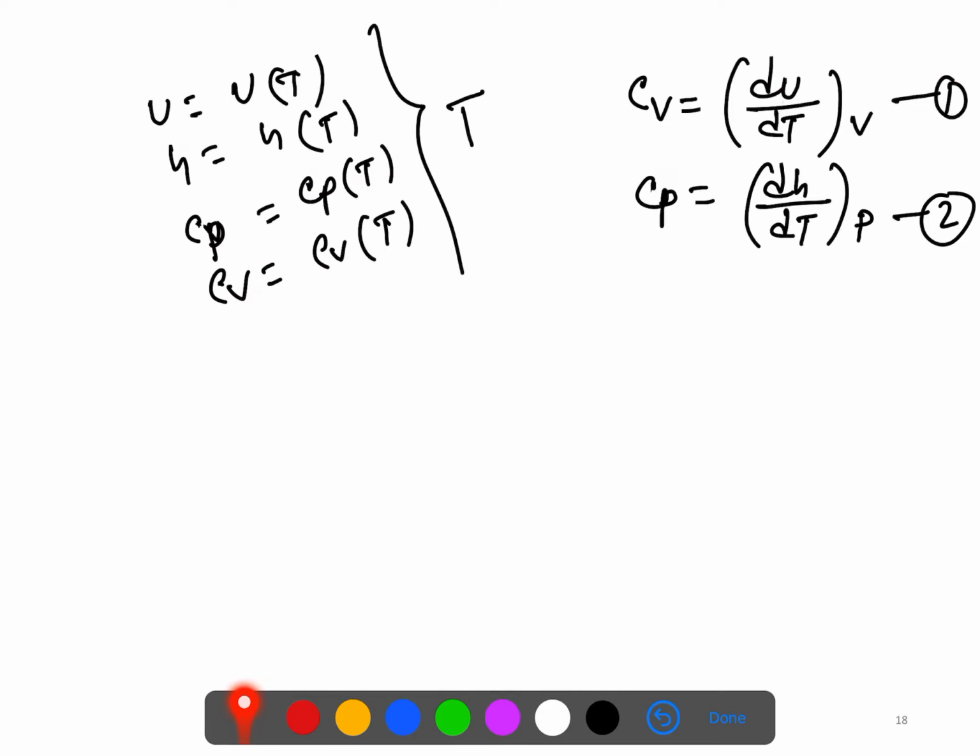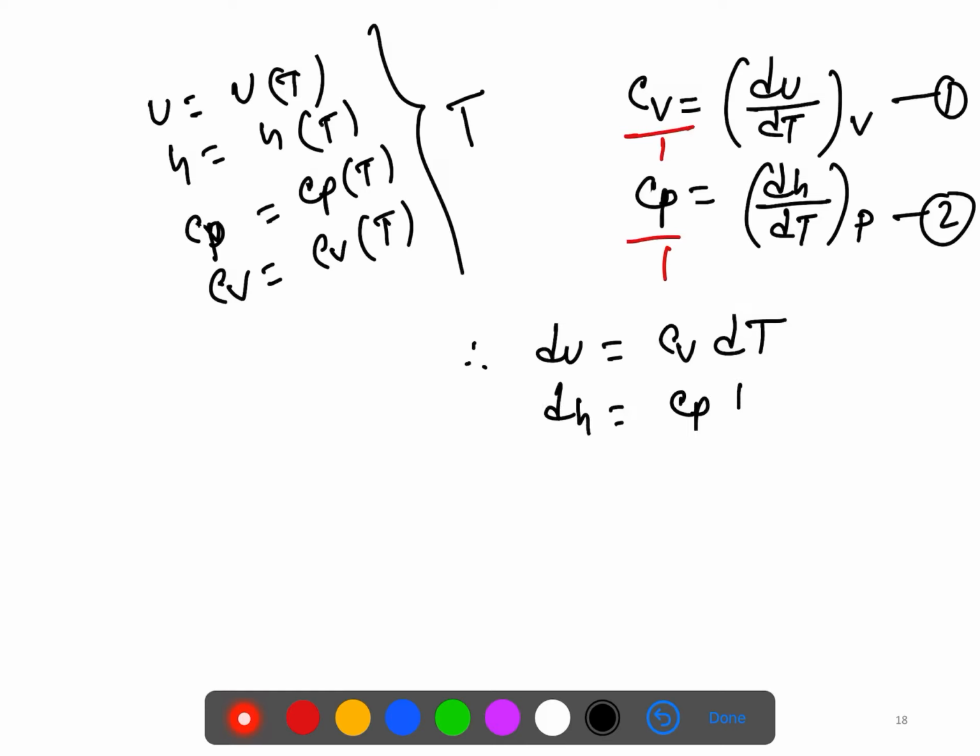So what we can write, guys, from this expression, if we do some cross multiplication, putting 1 here, can we do some cross multiplication like Cv dT equals du? Yes, we can write that. We can write du equals Cv dT, and from the other expression, dH equals Cp dT, just by cross multiplication.